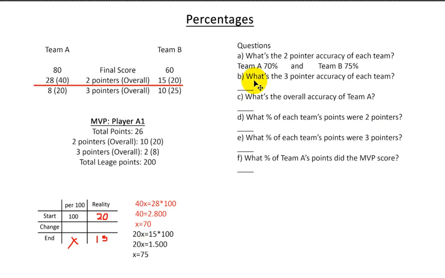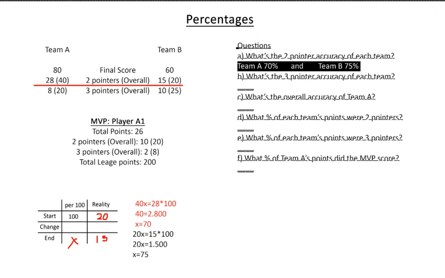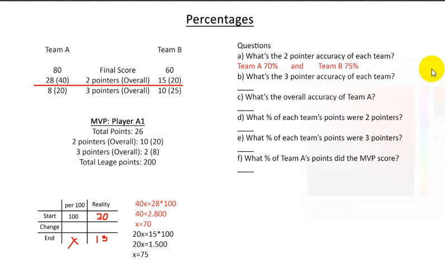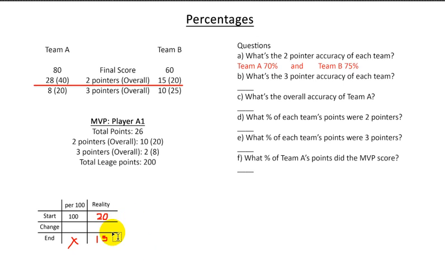Next, we have the question, actually, let's make the answers red to distinguish them from the questions. Great. Next up we have, what's the three-pointer accuracy of each team? So basically it's the same thing as before, but now we're talking about the three-pointers. So, let's see. The 3-pointers for Team A are 8 out of 20.